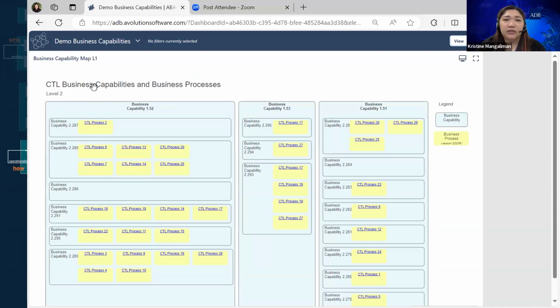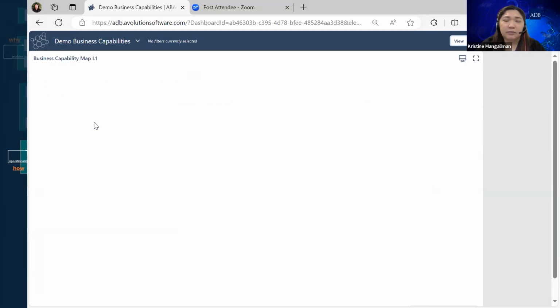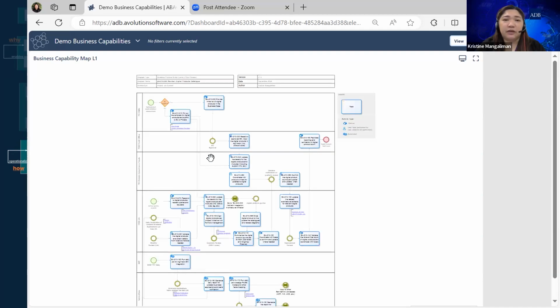This one captures the blue boxes as the level one business capability, drilled down to level two. These are the small boxes inside. And then again, drill down to the specific business processes. This is very detailed, and the process maps for those specific items are also available.